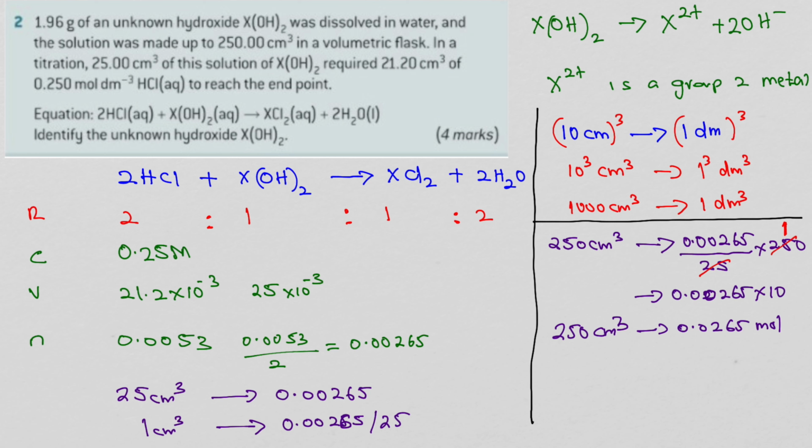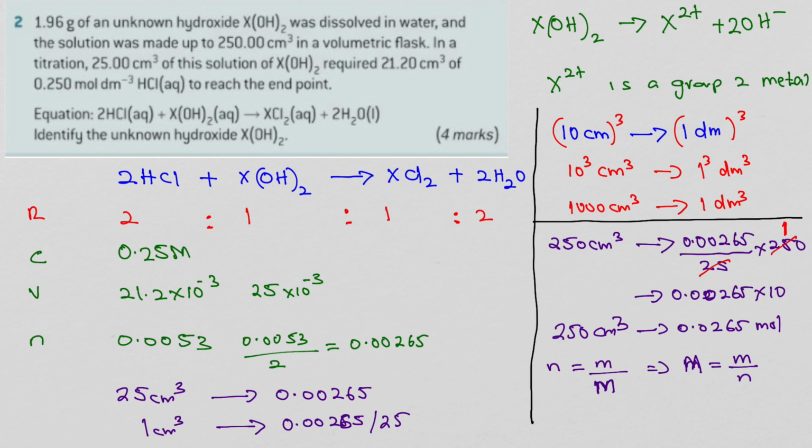Now we know that mole corresponds to 1.96 grams. We also know that mole is equal to mass over relative molecular mass, and we want to find the relative molecular mass, and that implies that relative molecular mass will be mass over mole.